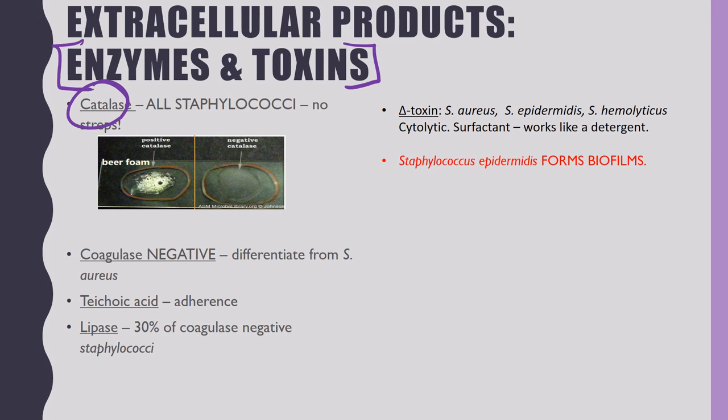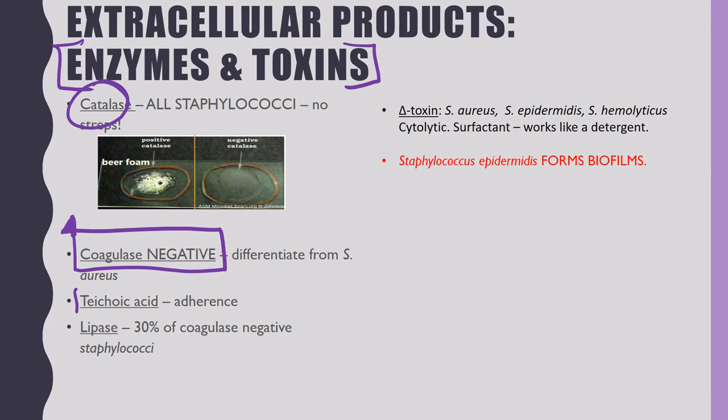How do we tell it apart from Staph aureus? Well, Staph saprophyticus and Staph epidermidis are both coagulase negative. In fact, Staph epidermidis is oftentimes referred to as coagulase negative staphylococcus. So that's one way that we can be certain that we're talking about an organism that is not Staph aureus, that is a staphylococcal organism.